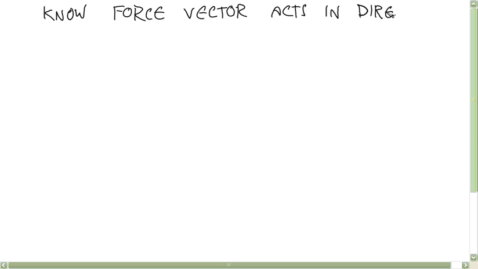Let me just sort of draw what I'm talking about up here. Okay, so we know the force that the vector is going to apply to this object acts in a direction this way, right? We know the force vector looks like that. We just don't know what the magnitude is. So what I'm going to do is calculate a vector in this direction, okay?